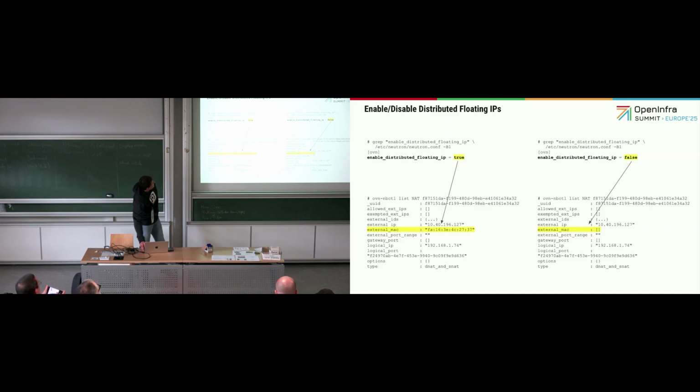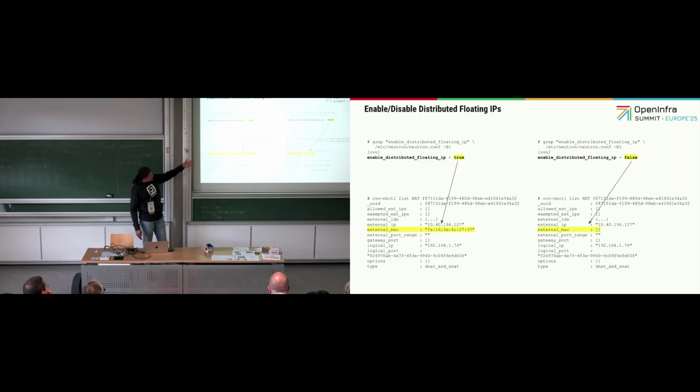Yeah, and the last one: the difference between distributed floating IPs and how to go from DVR to non-DVR or back and forth. We just use this table, to see where this IP address is presented, and the difference between a DVR floating IP and non-DVR is one field, external MAC. If you set it, it will be DVR.